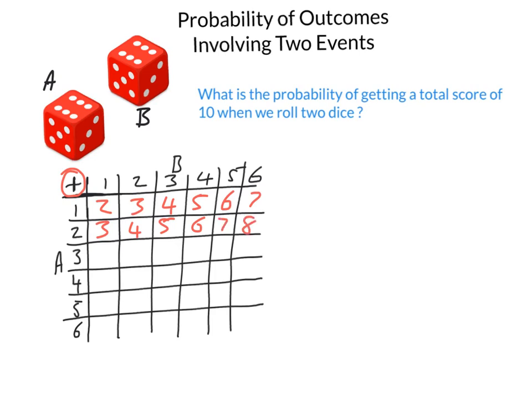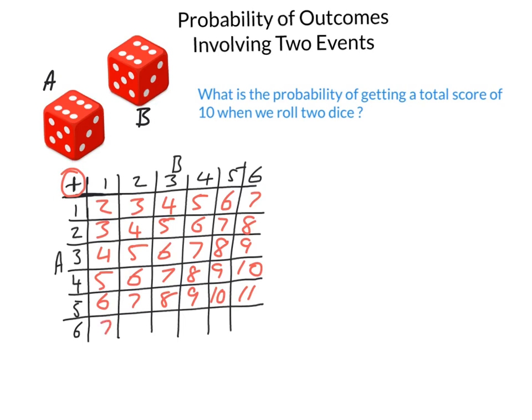And I'll just continue this on. We could get a 4 and a 5 and a 6 and a 7 and an 8 and a 9, or a 5, 6, 7, 8, 9, or a 10. A 5 and 1 would give us a 6, 7, 8, 9, 10, or an 11.